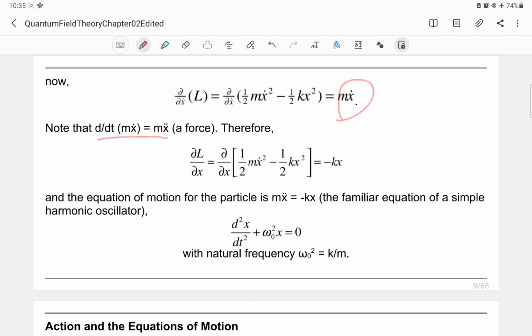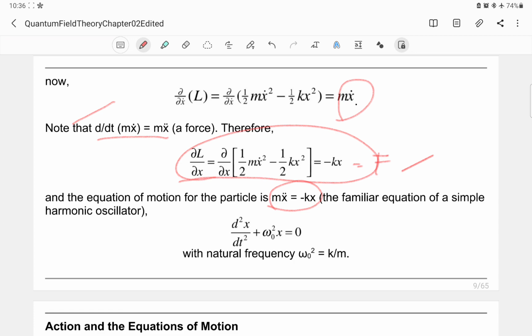And then when you differentiate L with respect to x, you will get kx, and again this is the force, the original force given. So therefore, since this is equal to this one here, you will have the equation of motion to be this one, the equation of a simple harmonic oscillator.